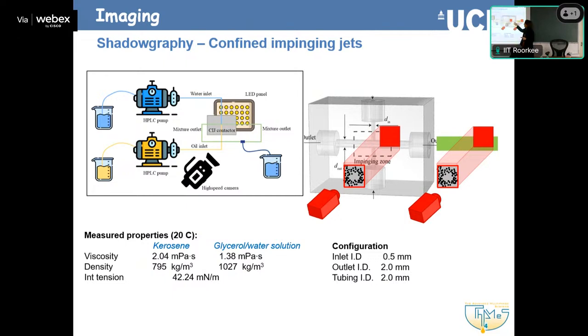We now use two side streams that, because these channels are small, have quite high speed. So when they join in this main channel, they create dispersions. I have a photograph in a minute. We call them impinging jets. So it's this idea of large-scale impinging jets. They collide with quite high inertia, and they form small drops.